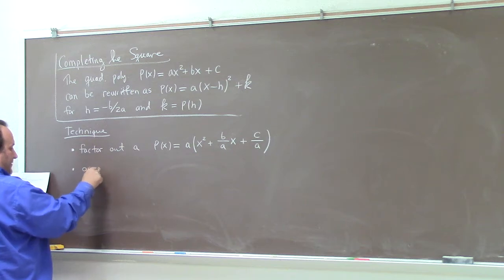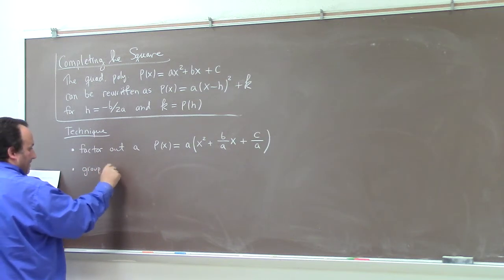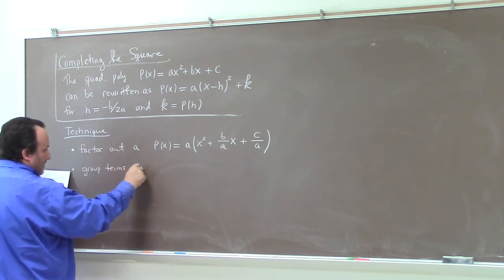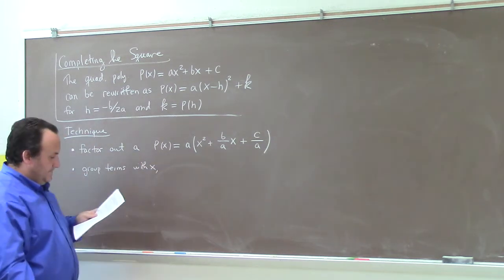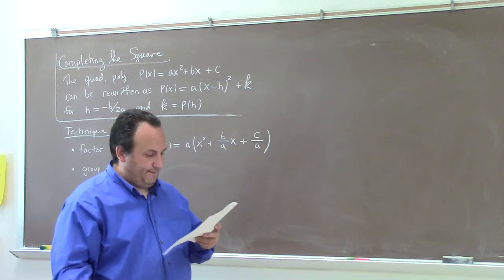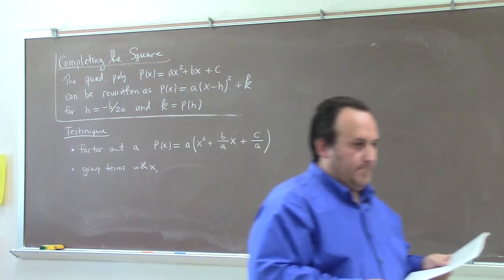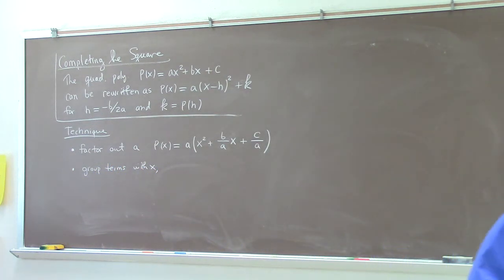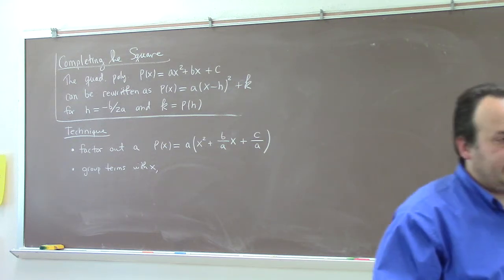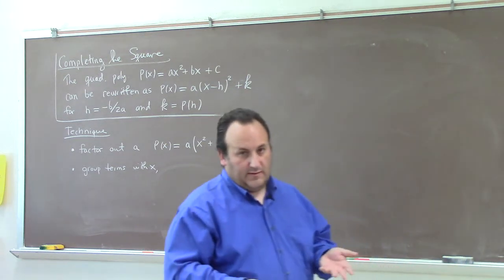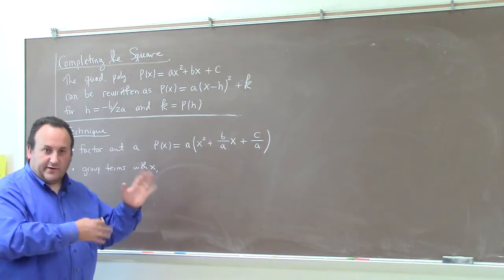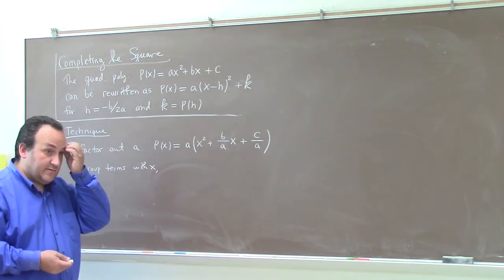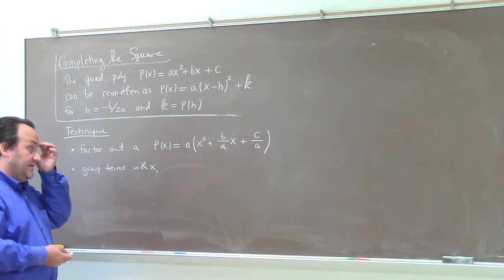I must know that a is non-zero. I know a is non-zero because I said it was a quadratic polynomial. To say it's quadratic is to say that the coefficient paired to x squared is non-zero, so it was hidden in that term.